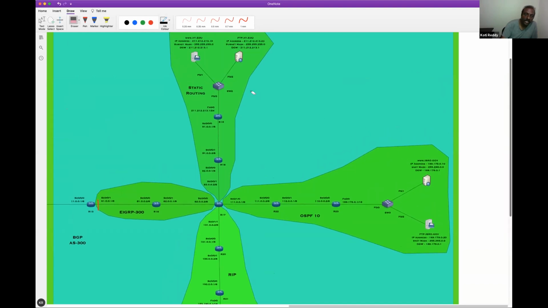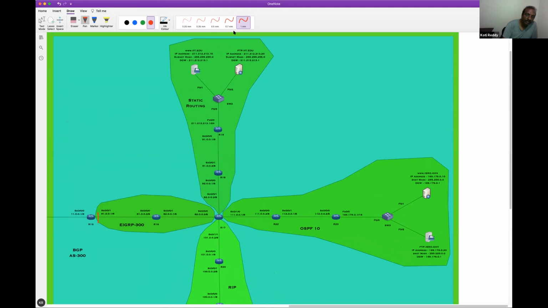Now let us do static routing here. R19 and all, I should add static routes. What network IDs are there now? 92 network, 91 network, and then 211.212.213 network. These three networks are there in this particular static routes. So R18 should know all the three network IDs.